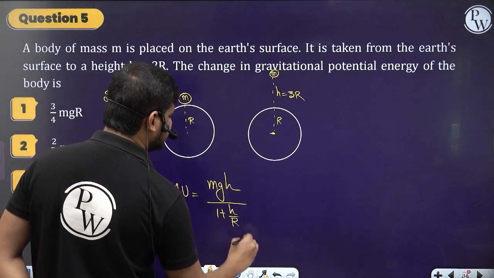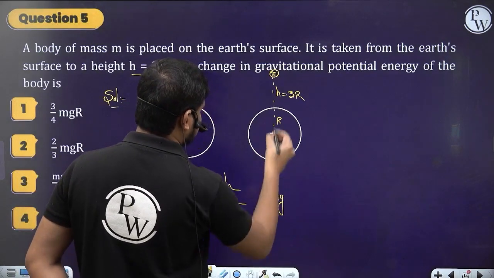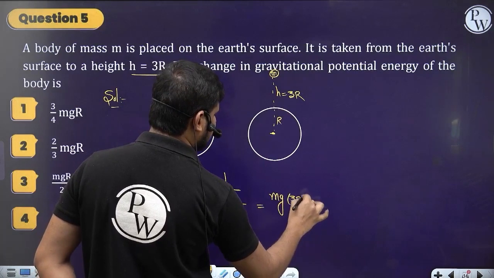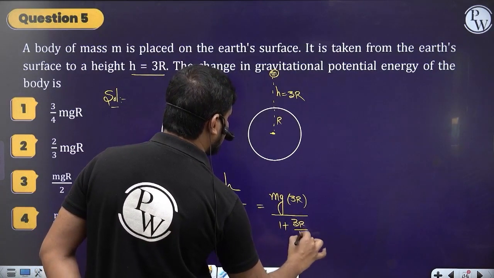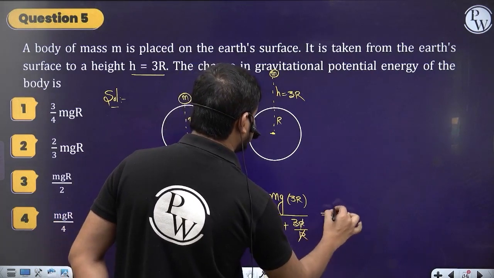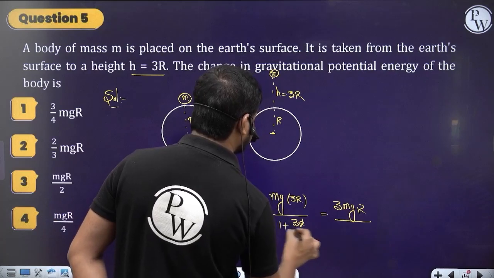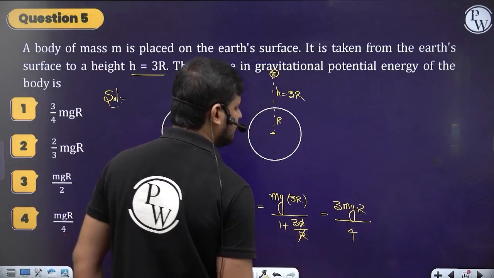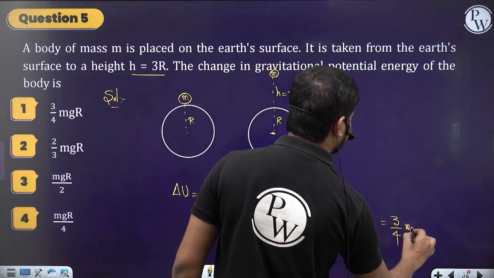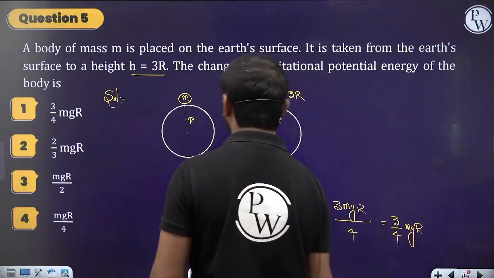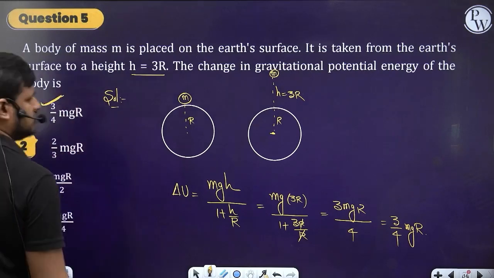So mg, in place of h let's write 3r, by 1 plus 3r by r. R gets cancelled, so it is 3mgr in the numerator, and here 1 plus 3 is 4. Therefore 3 by 4 mgr, which is option 1, the correct one.